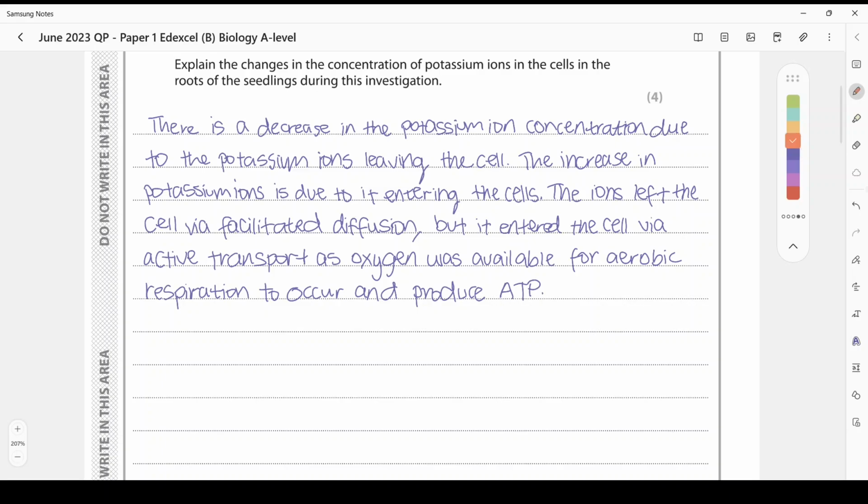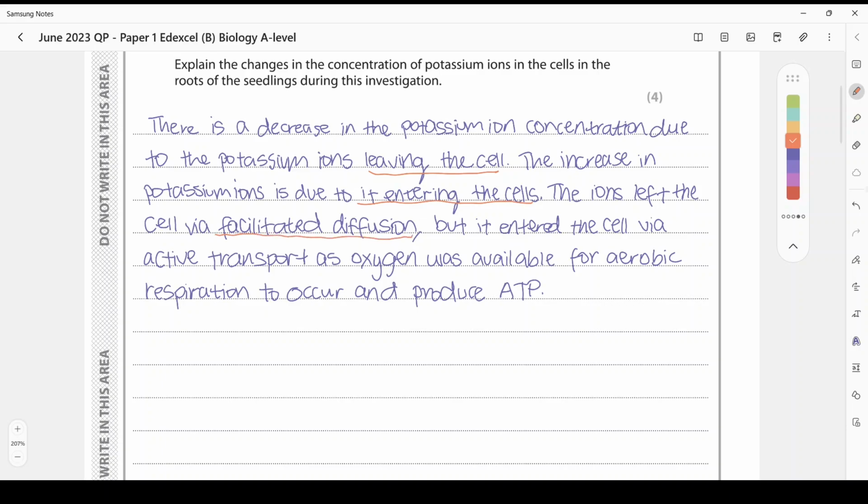Okay, let's go through the marks. So the first mark is the decrease of concentration of potassium ions is due to it leaving the cell, whereas the increase is due to it being taken up by the cell or entering the cell. So that's one mark. The second mark is the ions left, or the ion decreases by facilitated diffusion.